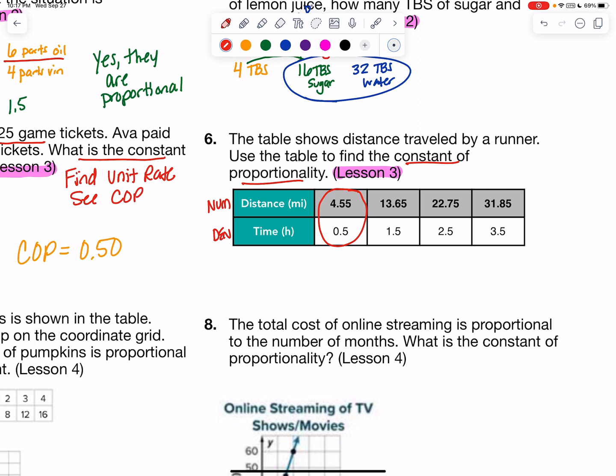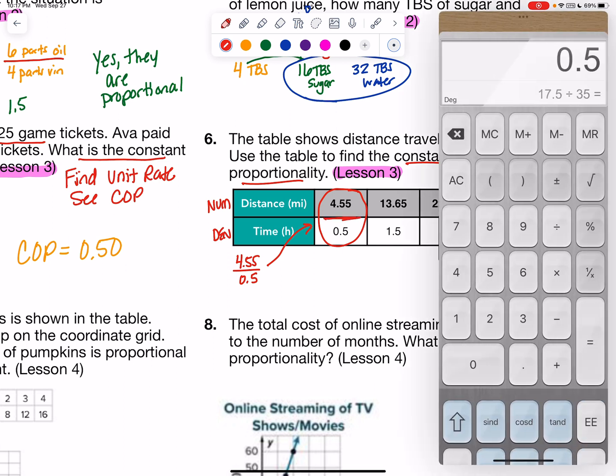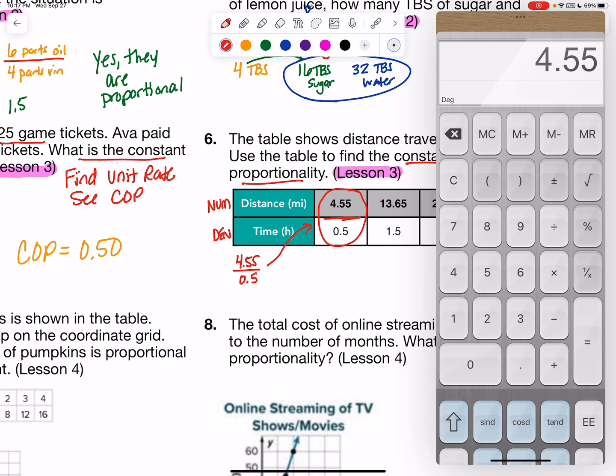So let's go ahead and test it out. I can either set it up down here, or just see that it's sort of set up like that already. So I'm just going to treat it like that and do my division for 0.55 divided by 0.5. And we get 9.1, but now's where you need your labels, miles per 1 hour.